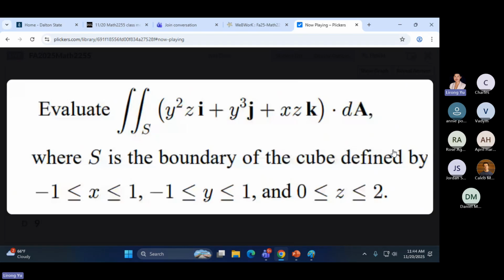So you apply the divergence theorem, and you need to know how to calculate divergence. We also need to know how to calculate the curl of the vector. This one was about divergence.